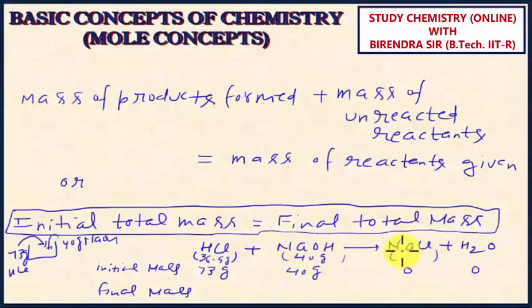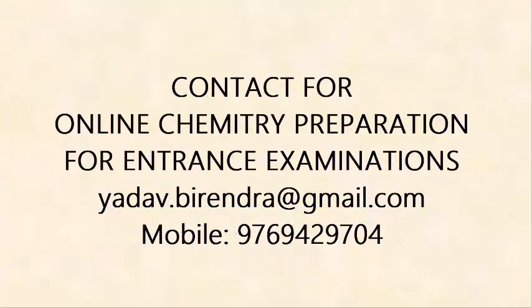Here 23 plus 35.5, that is 58.5 gram. Here 2 plus 16, 18 grams. So what will you say? That 36.5 gram HCl on reaction with 40 grams of NaOH gave 58.5 gram of NaCl and 18 gram of H2O. Now look at the given masses.